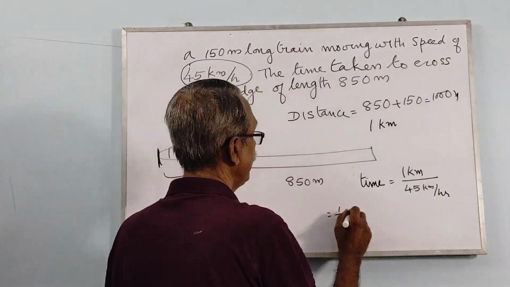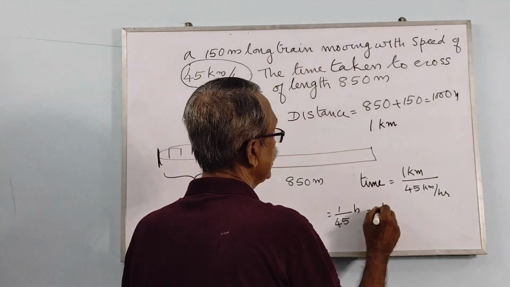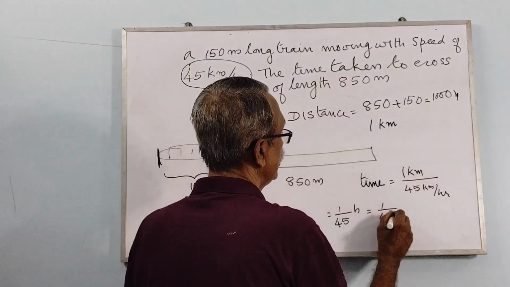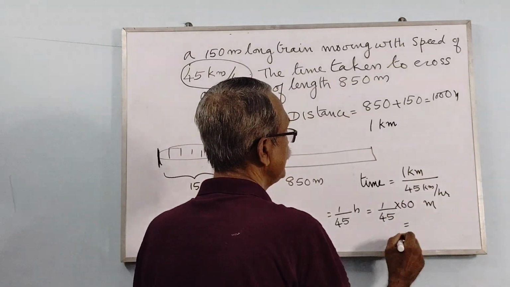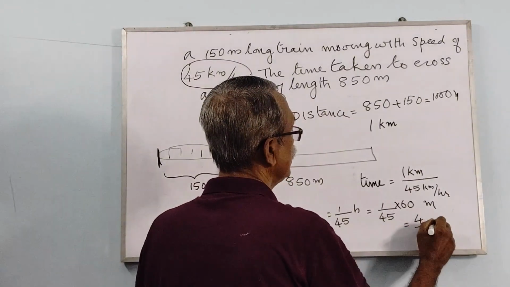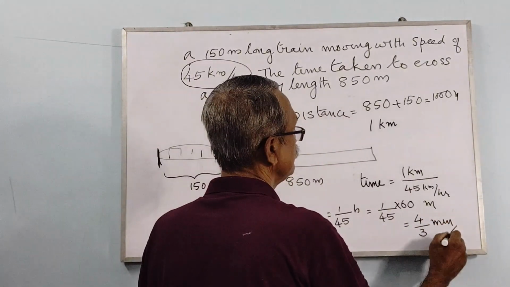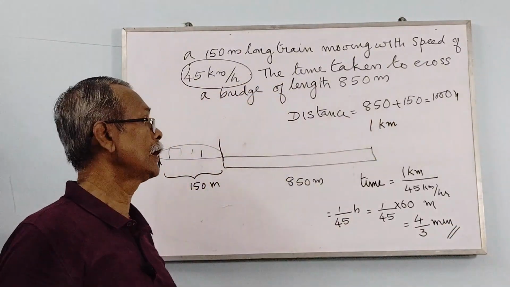That is equal to 1 divided by 45 hour, which is 1 divided by 45 multiplied by 60 minutes, that is equal to 4 by 3 minutes. It will take 4 by 3 minutes to cover 1 kilometer.